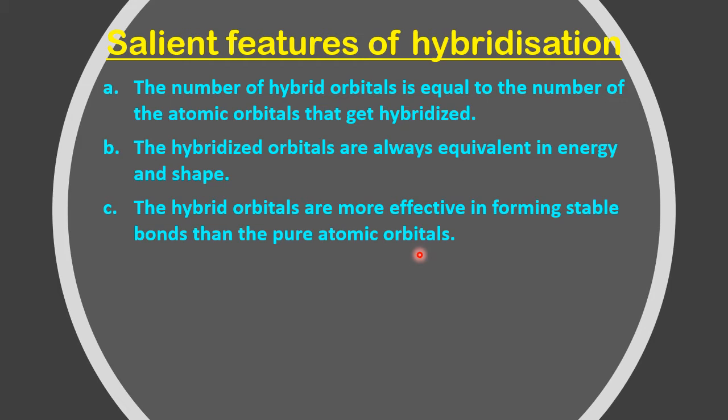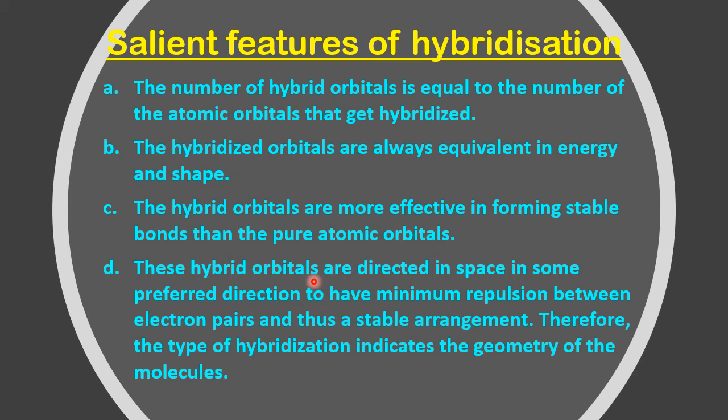First, the atomic orbitals undergo hybridization, then they go for a particular shape which is most stable, because hybrid orbitals go to a lower energy state so that they can form the most stable molecule. That's why, instead of atomic orbitals directly participating in molecular formation, first they undergo hybridization, then they go for the molecular formation. So hybrid orbitals are better in making the bond than the normal atomic orbitals.